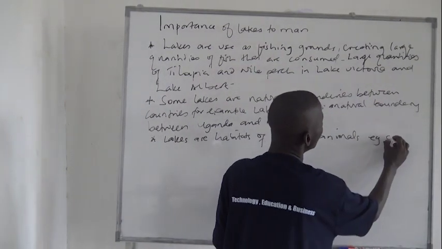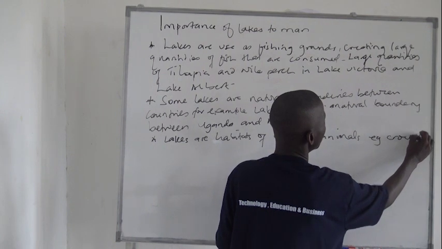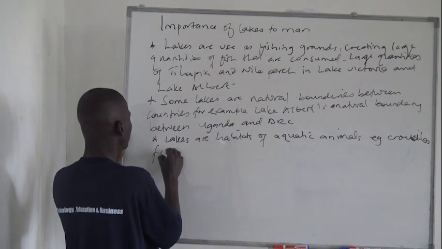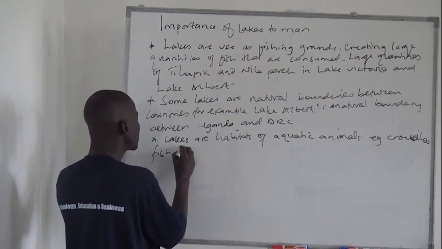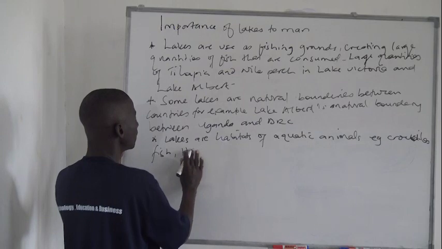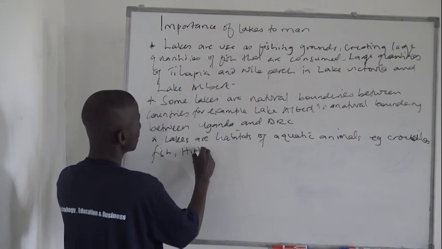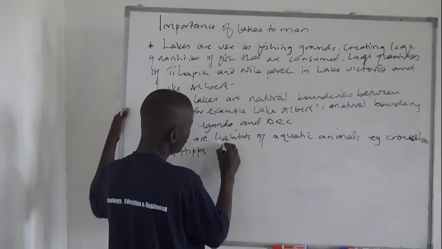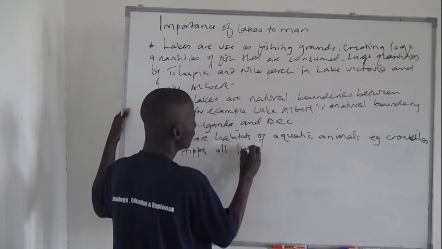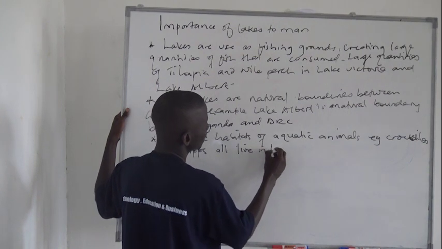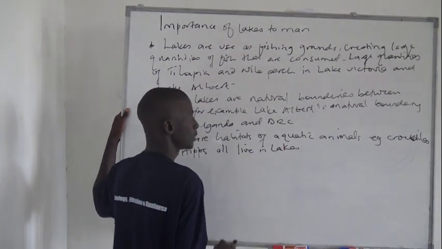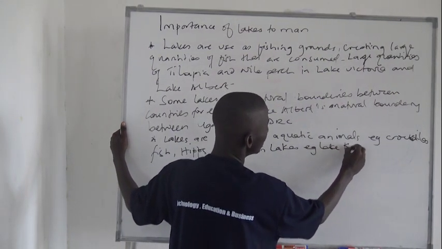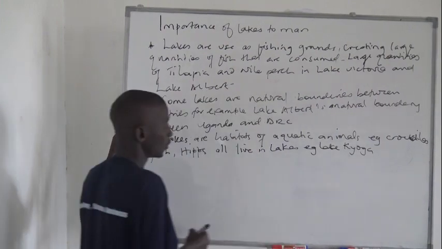Such animals include crocodiles, the fish, the hippos, etc. All live where? They live in water bodies. For example, Lake Kyoga.